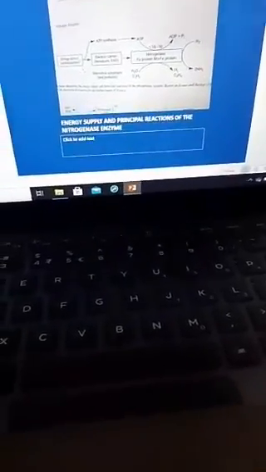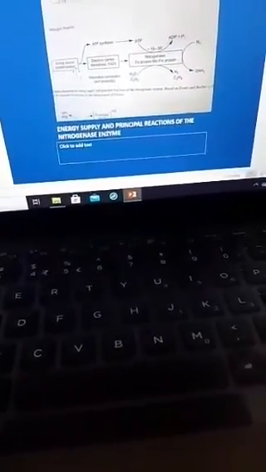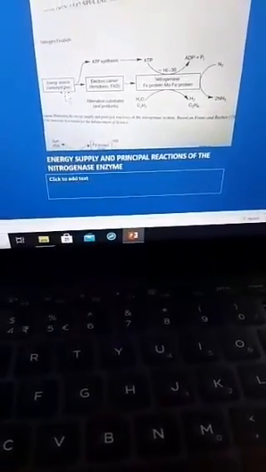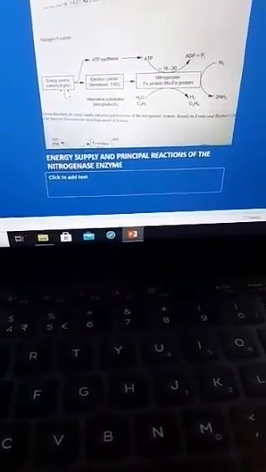You can go through this slide, but I'm going to try and explain the situation here. You need the energy source, the carbohydrates, which will be produced by the leaves of the plant.